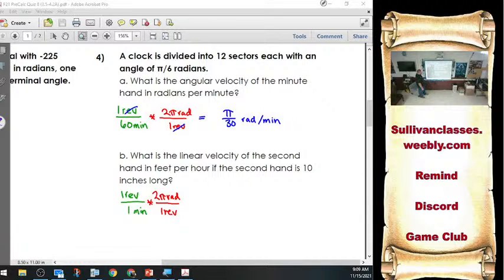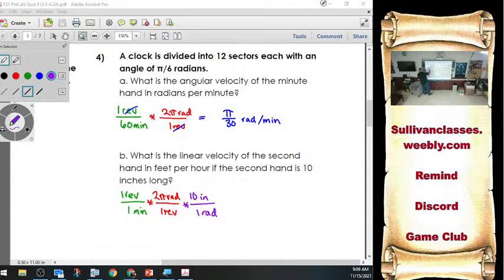Okay, I want feet per hour. Right now I'm in radians per minute. So I'll take that radians and say 1 radian is equivalent to 1 radius. Do I know the radius of the second hand? 10 inches. I'm now in inches per minute.